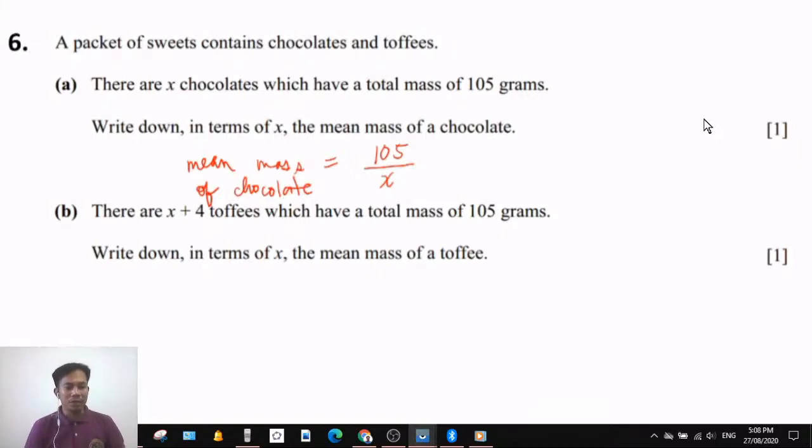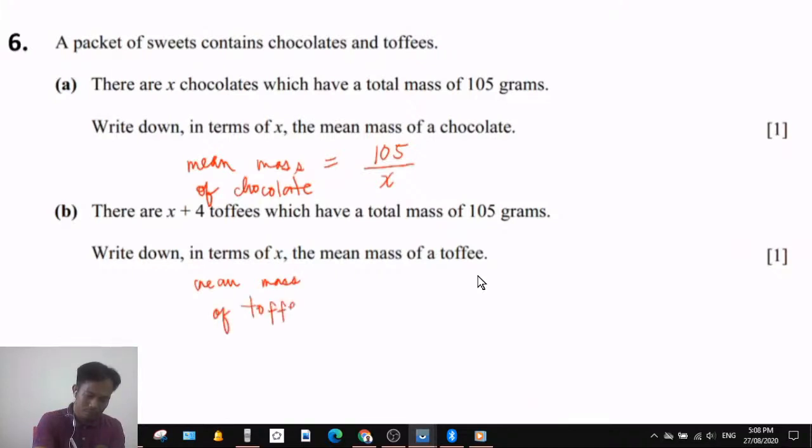Next, letter B. There are x plus 4 toffees. So the number of toffees is x plus 4, which have a total mass of 105 grams. Write down in terms of x the mean mass of a toffee. So it will become 105 divided by x plus 4.